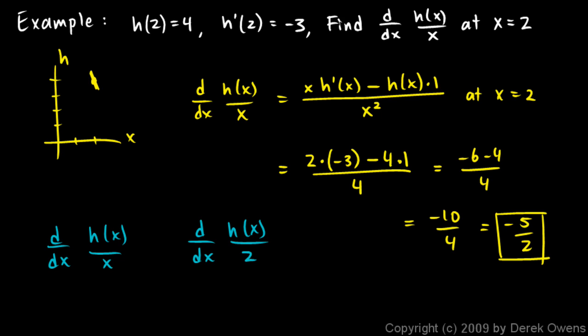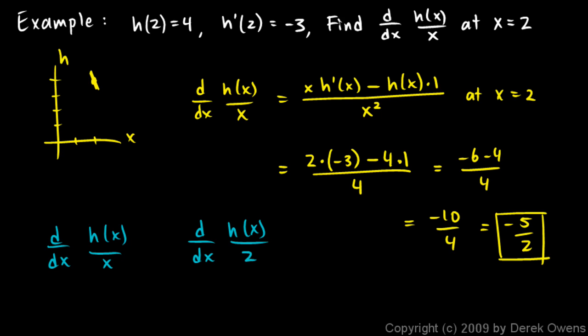And the way the quotient rule is derived is when we do that calculation, we're doing the bottom function times the derivative of the upper function minus the upper function times the derivative of the lower function over the lower function squared. And the result is another function, which is the derivative of the quotient.